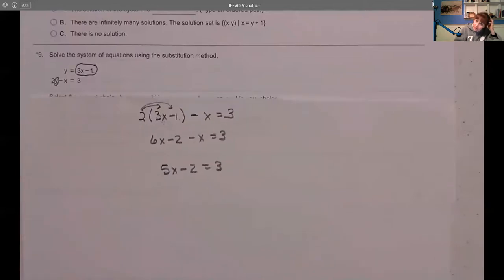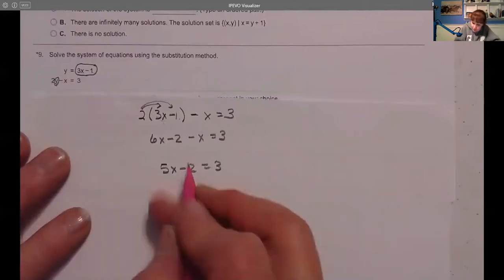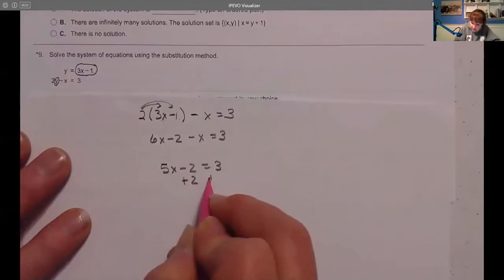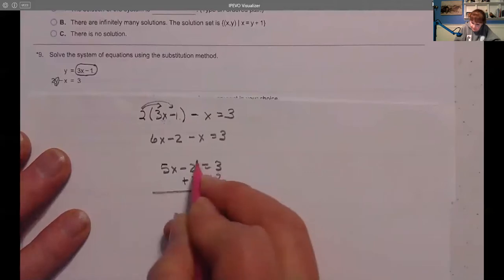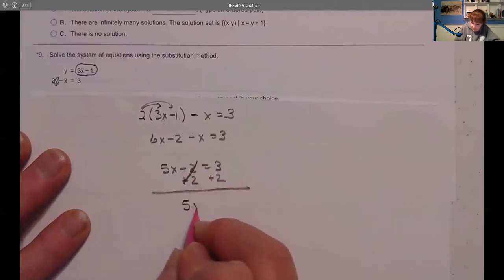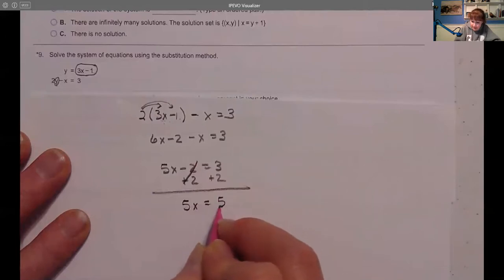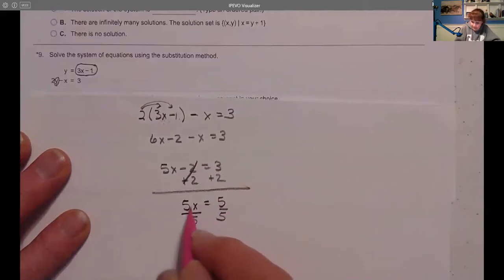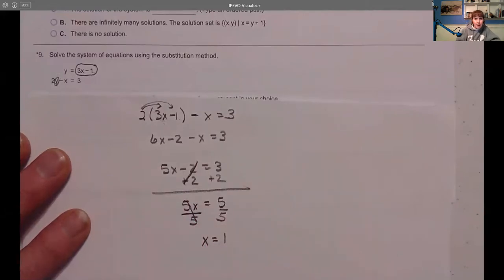Now I can start to move stuff, now that I've combined my like terms. Let's get rid of the 2. Get rid of what's being added first. So we have 5x equals 5. Oh, nice numbers. Divide by 5. X equals 1.